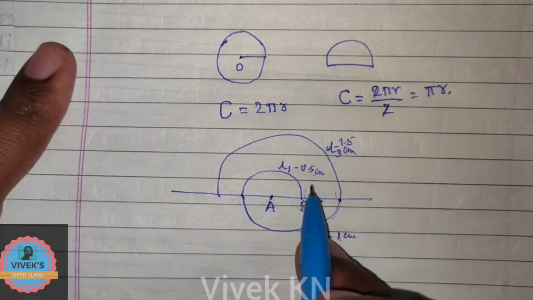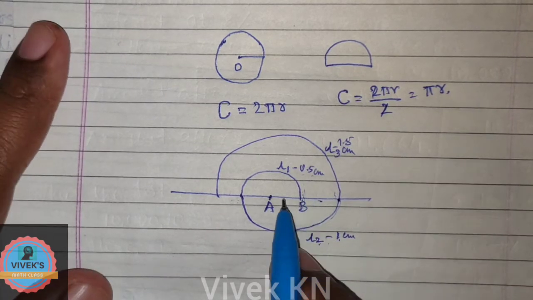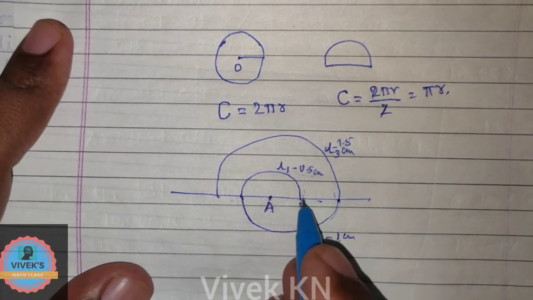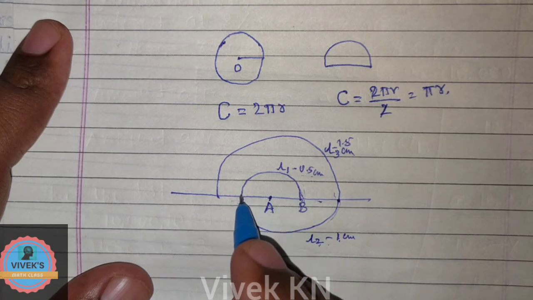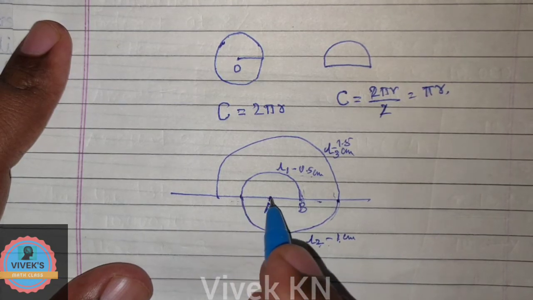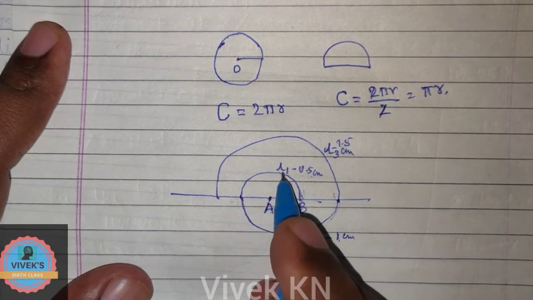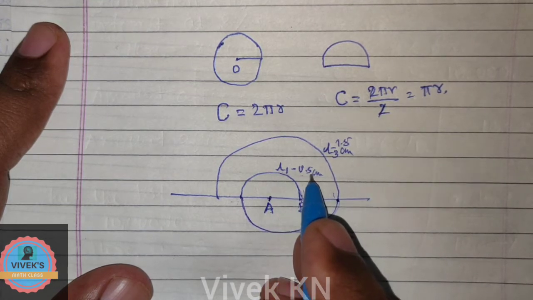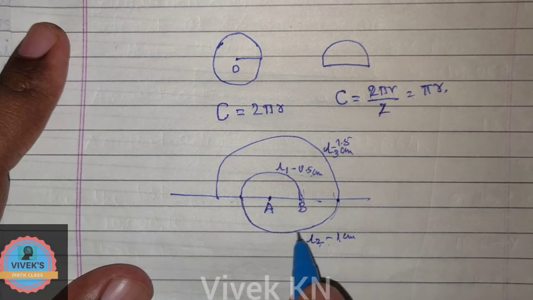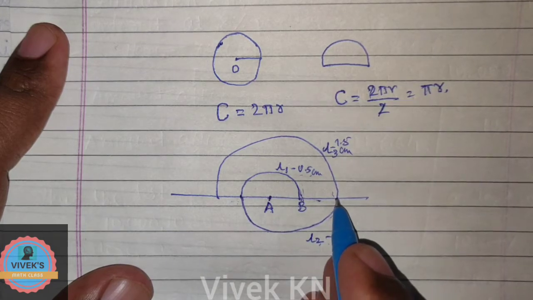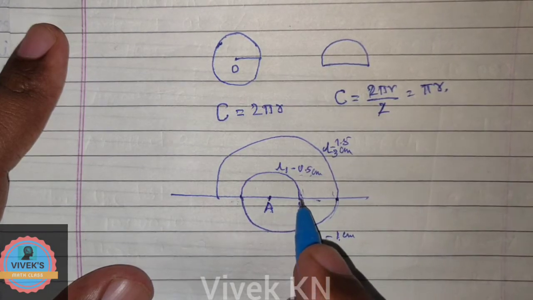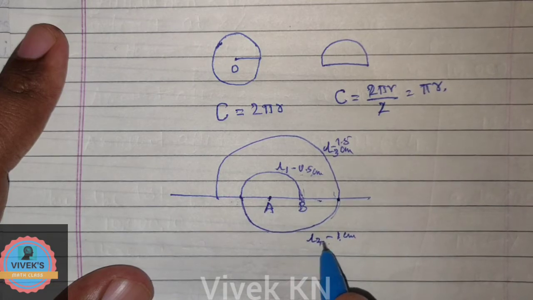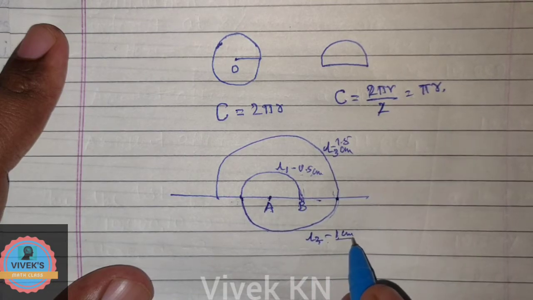This is a spiral which is made up of 3 semicircles. That is, this is the first semicircle with center A of length L1 and radius 0.5 cm, and this is the second semicircle with center B of length L2 and radius 1 centimeter.